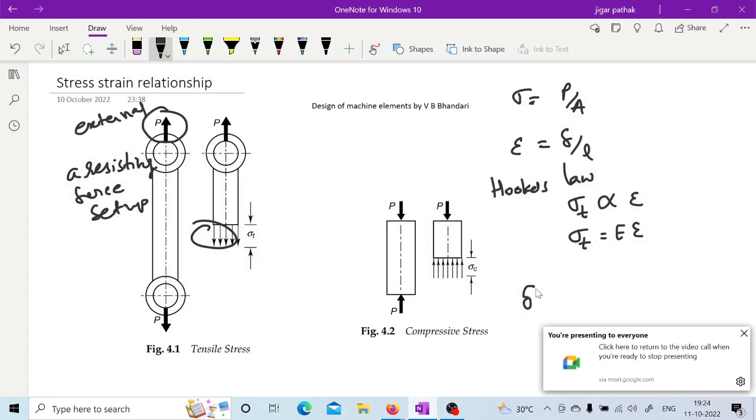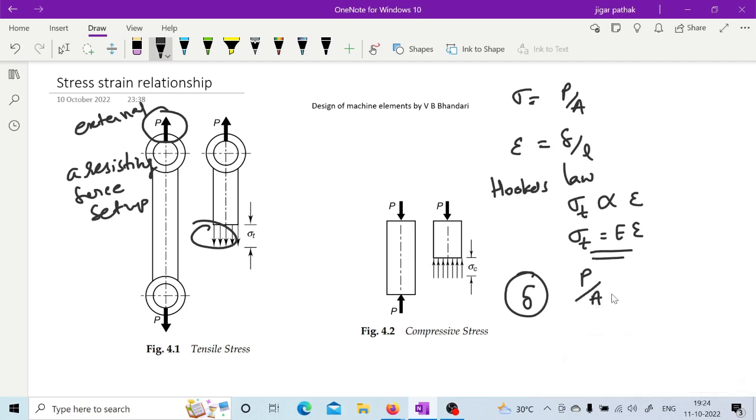Let us write all the values in this equation itself. We want to find delta in terms of force, area and total length. If we write stress as P by A, E as it is, and strain as delta by L, then you can calculate delta as PL upon AE. So this is how we get the deflection.